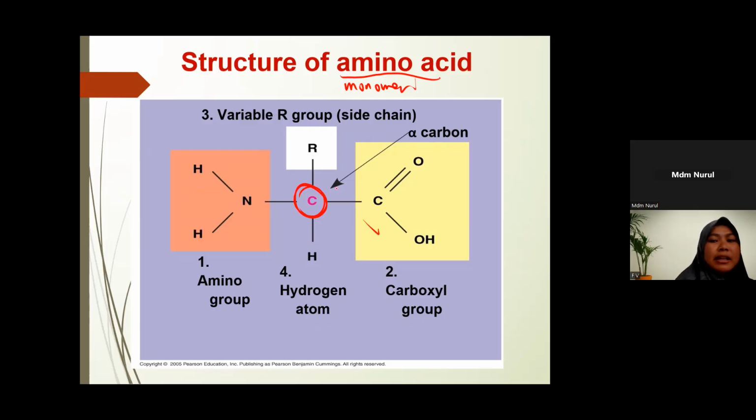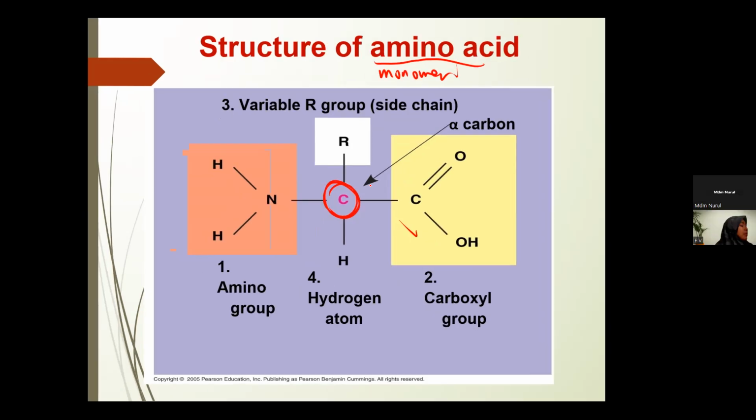Sebelah kiri amino group, NH2, right? And then hydrogen atom and variable group or symbolized as R. Variable group adalah kumpulan yang variety, berlainan.